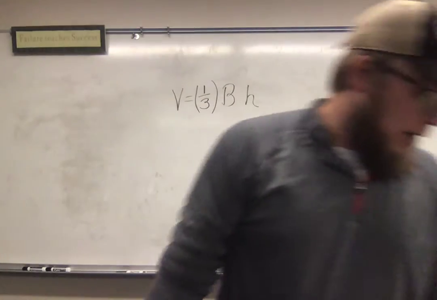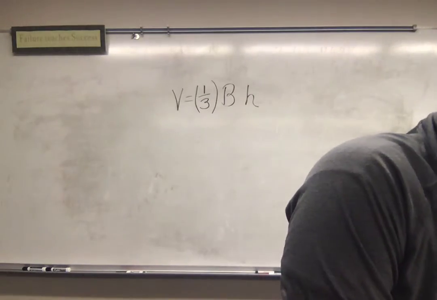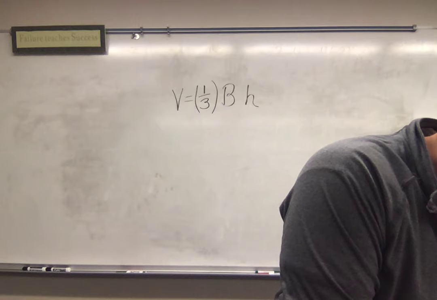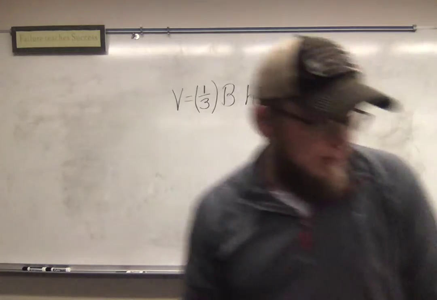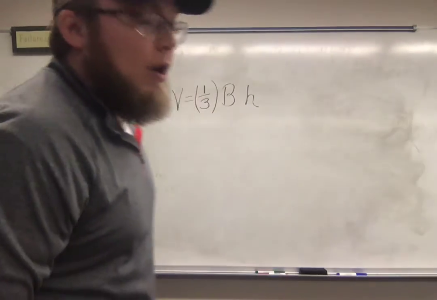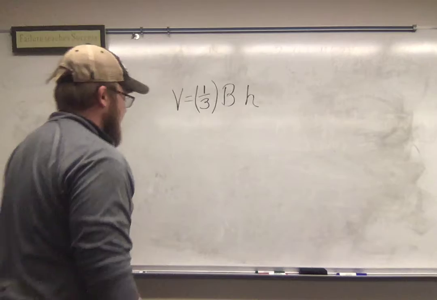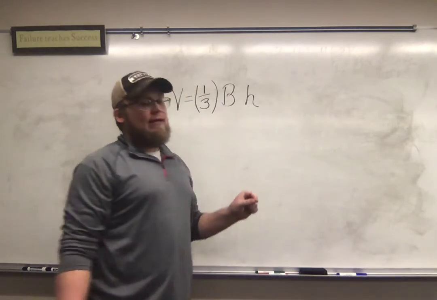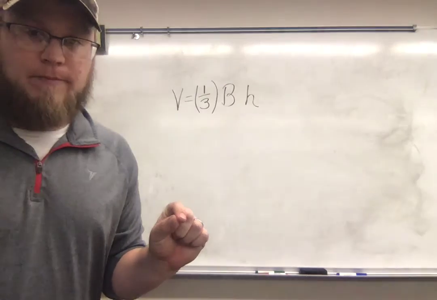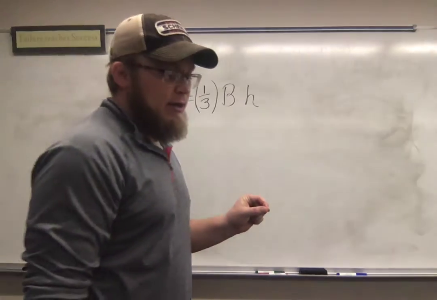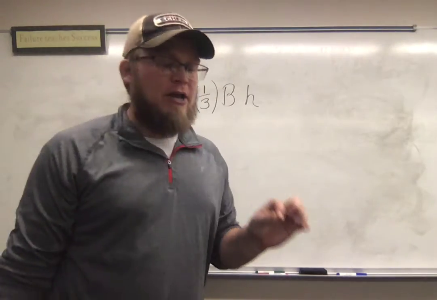So if we look here, let's see this. Base means the area of the base in this one. If you notice when you follow that, it wants you to take the area of that square.